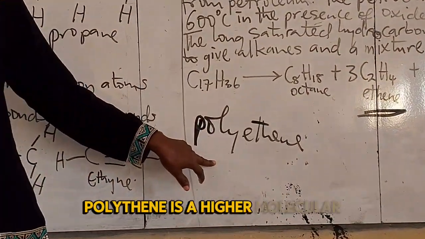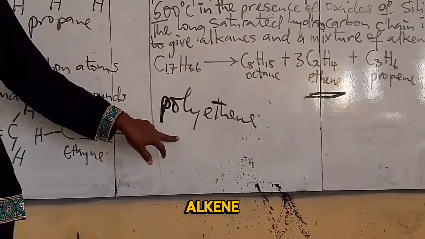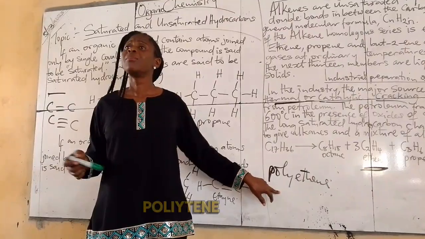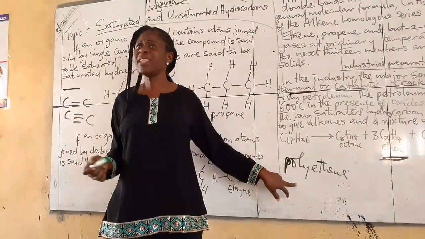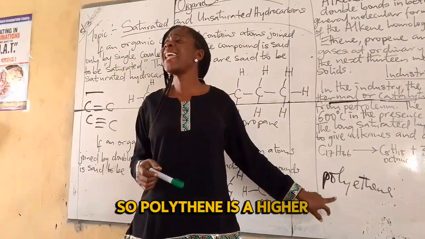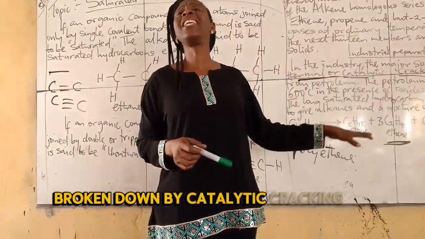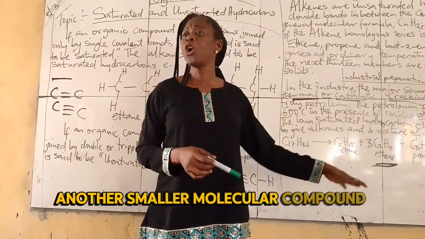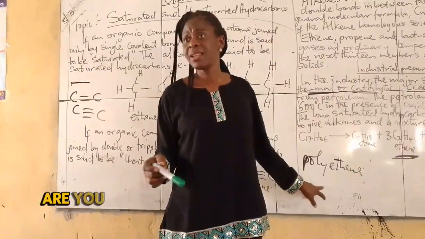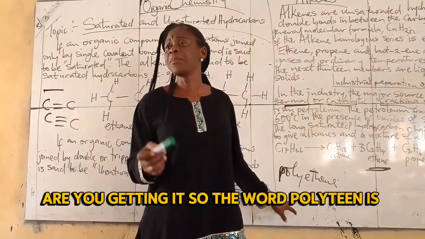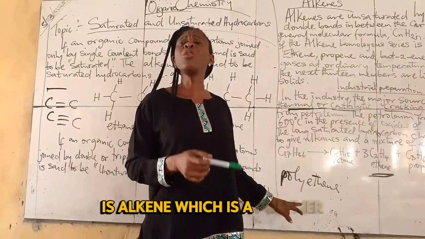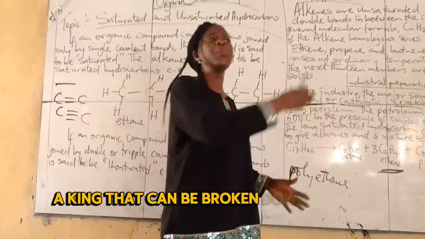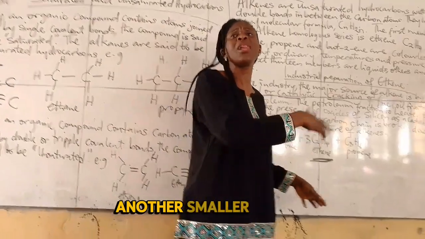Polyethylene is a higher molecular alkene polymer that can be broken down by catalytic cracking to give you ethene and other smaller alkenes.